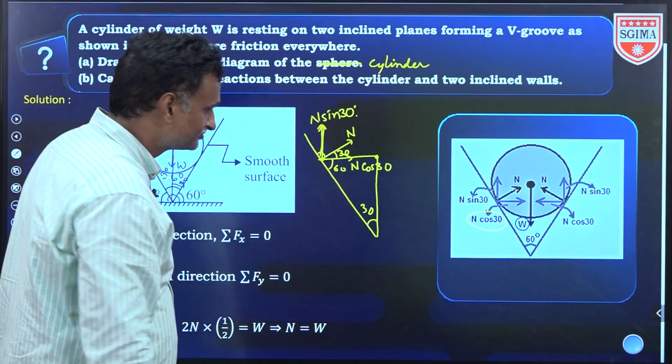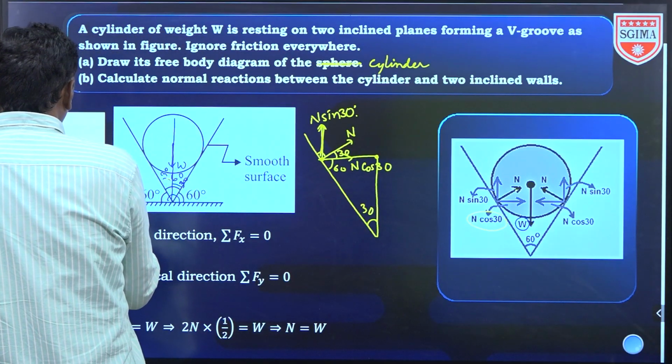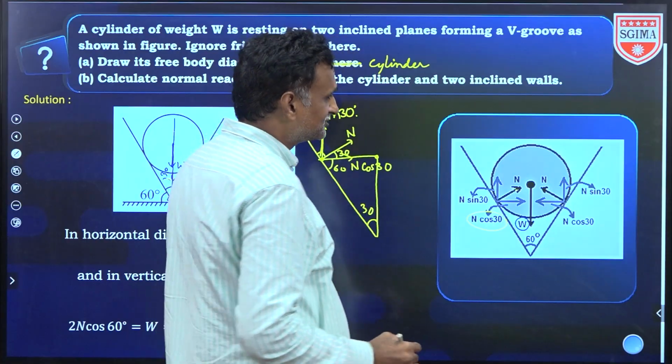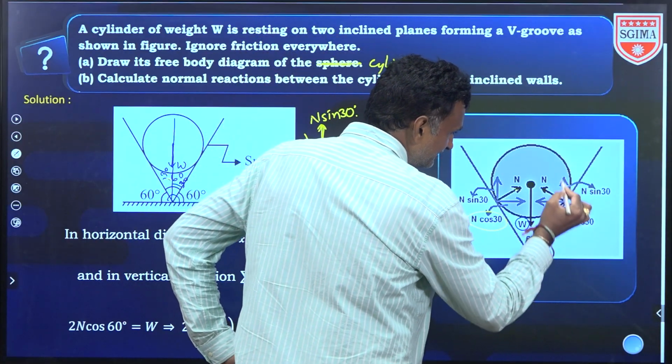The same way, the components on the opposite side are N cos 30 and N sin 30.